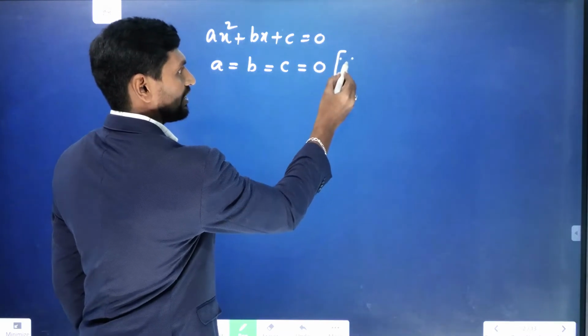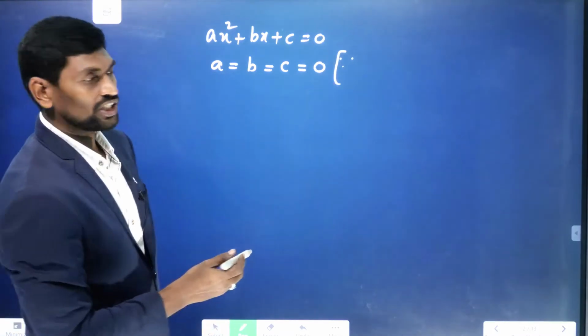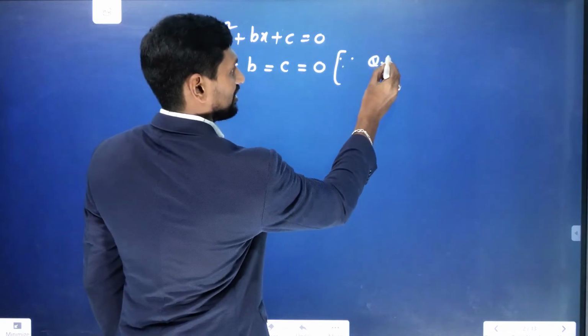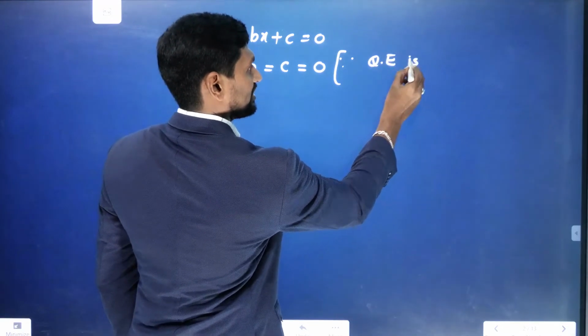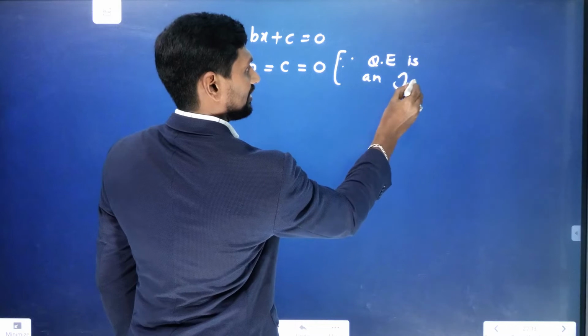When this happens, that quadratic equation is an identity.